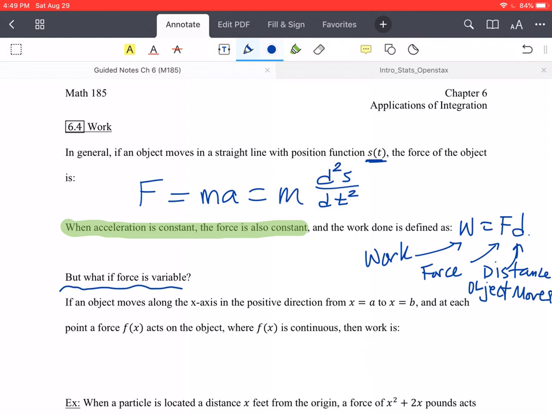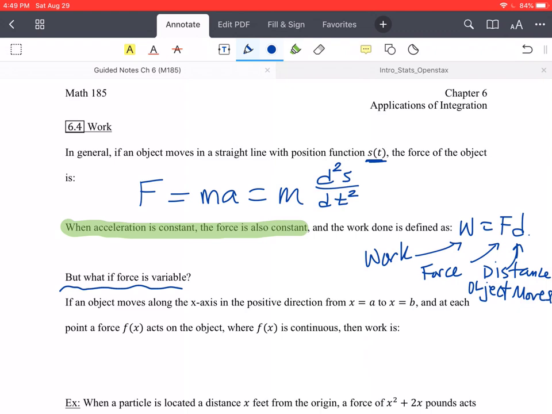If I'm sliding it across the grass or the sidewalk, some smooth surface where it doesn't have a lot of friction, it just pushes. But then if I take it to the beach and I'm trying to push it across the sand, there's going to be a lot more resistance there. So what if the force changes as we're going through this process of applying work to it?